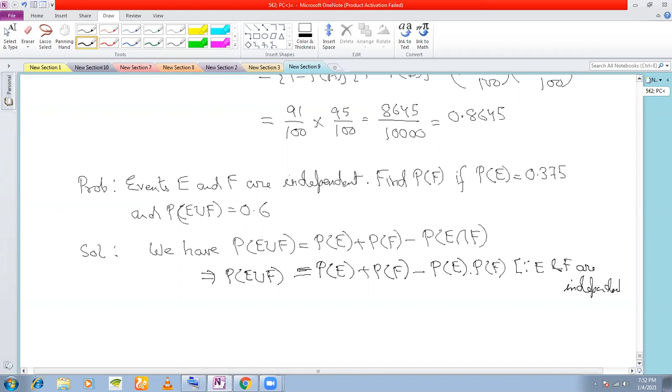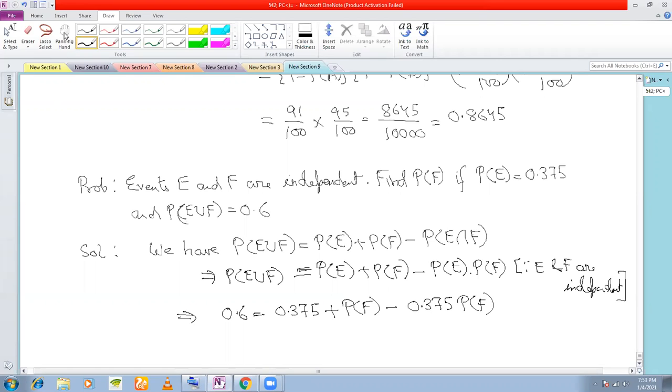Now put the values. How much is P of E union F given? 0.6. How much is PE given? 0.375. We have to find PF. Minus 0.375 into PF.